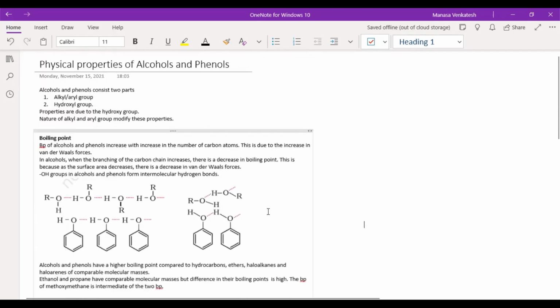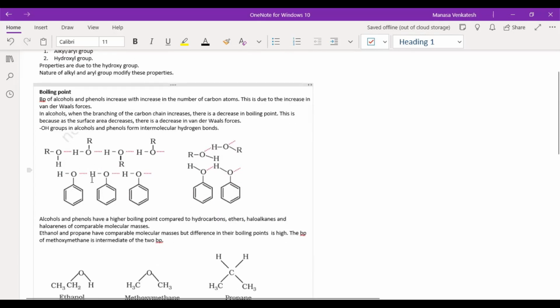So for understanding the physical properties, you need to remember hydrogen bonds. First of all, if there is any increase in the alkyl group, there is an increase in the boiling point. Second, if there is branching in the alkyl group, there is a decrease in the boiling point. Both of these are because of van der Waals forces.